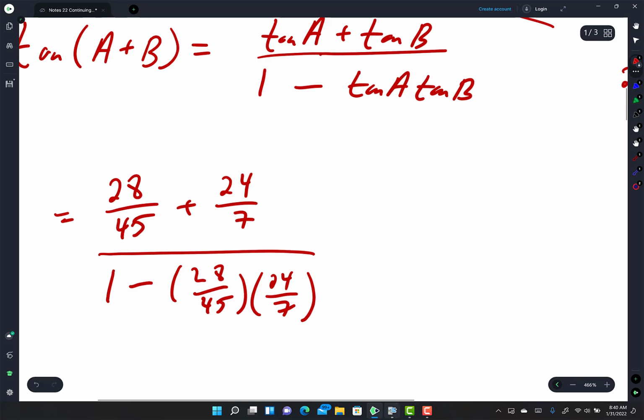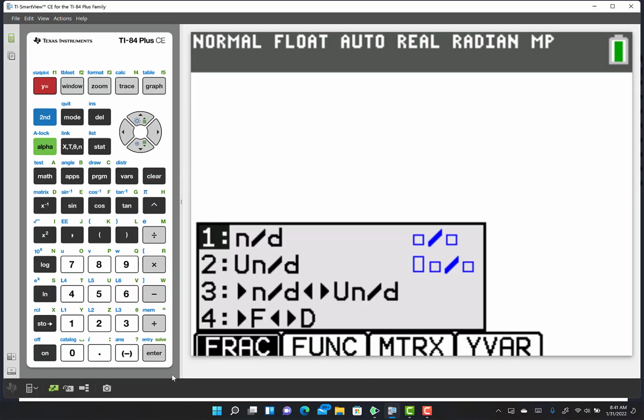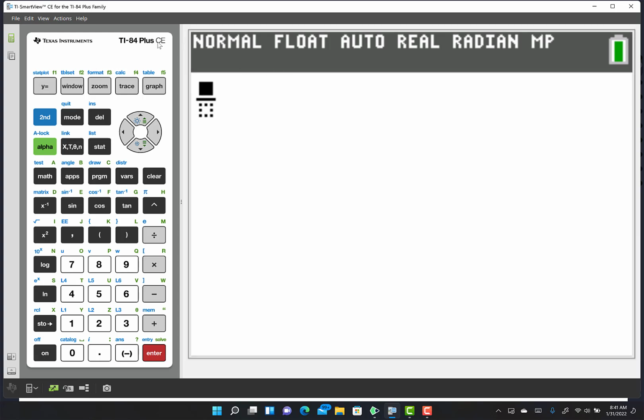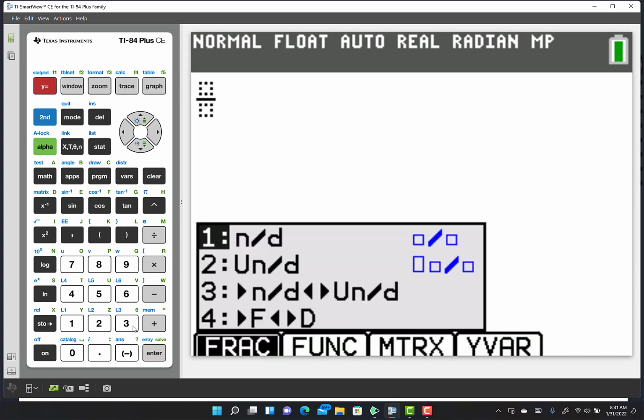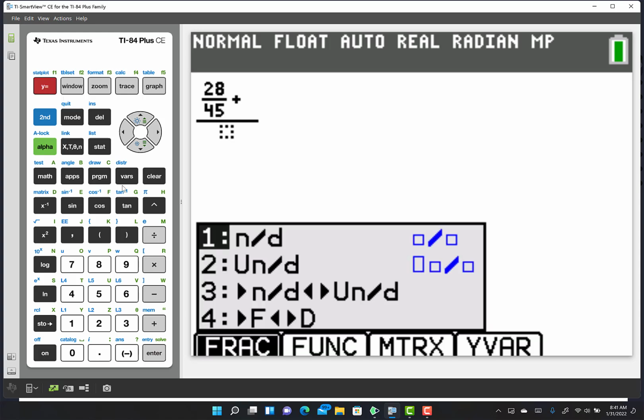I'm going to use the fraction feature of the calculator. So check it out. I'm just going to push alpha y equals, enter, and type it like this. What did I have first? 28 over 45, plus, what did I have? 24 over 7.